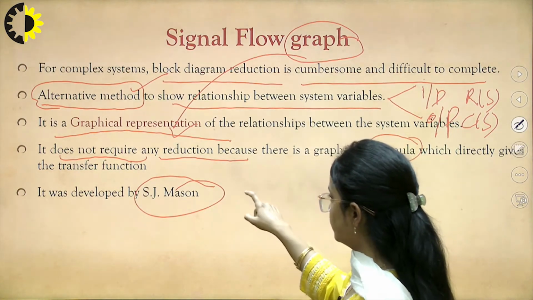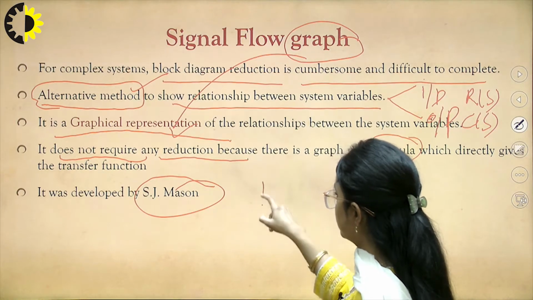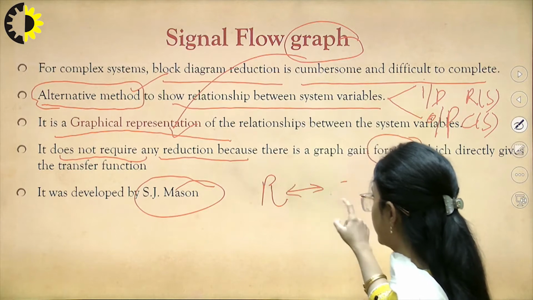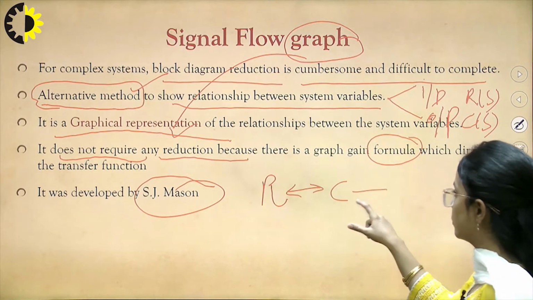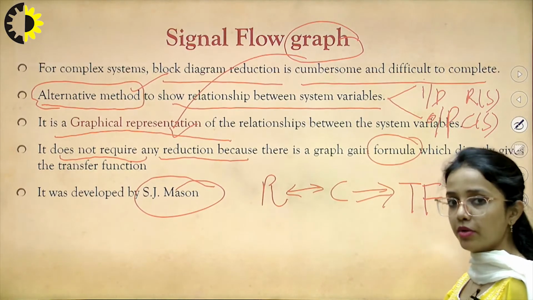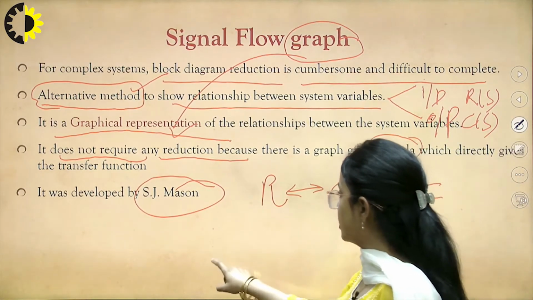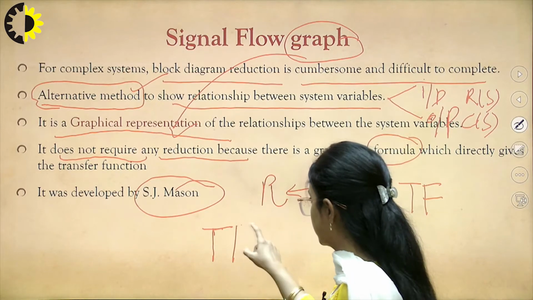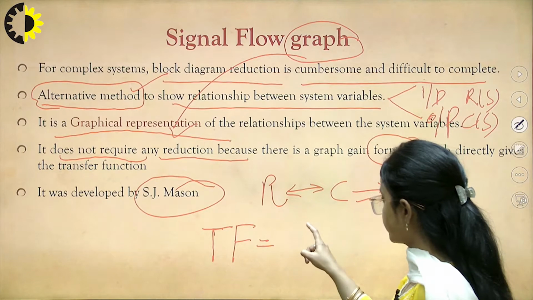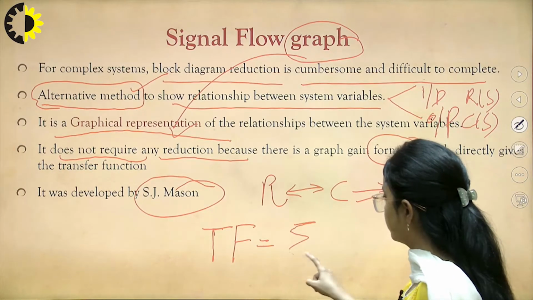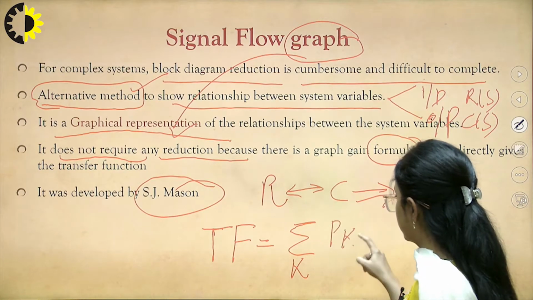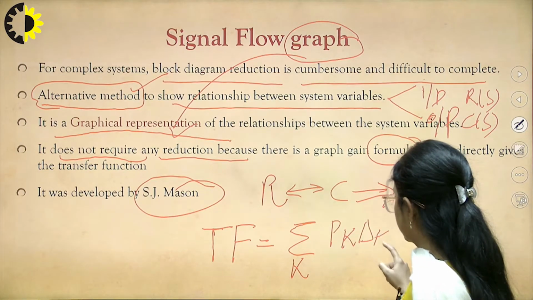Mason's gain formula. So here you need to have the relationship between input and output, which will give you nothing but the transfer function with the help of a formula. So the equivalent transfer function can be calculated from Mason's gain formula, which is summation of Pk Delta k by Delta.